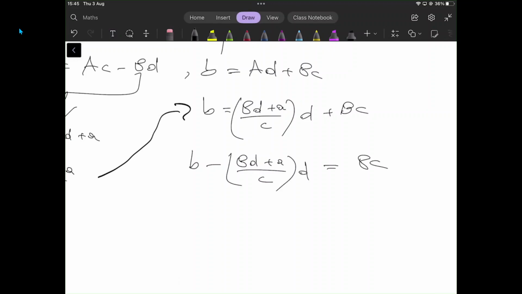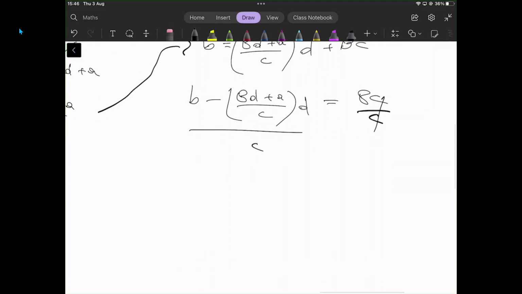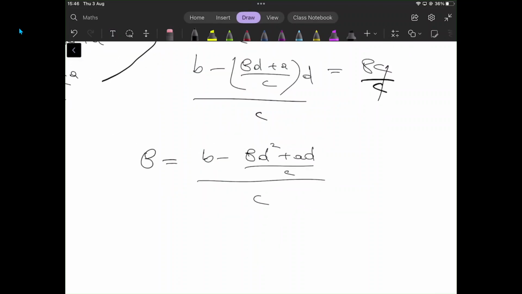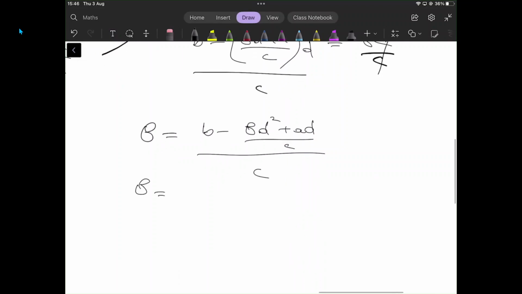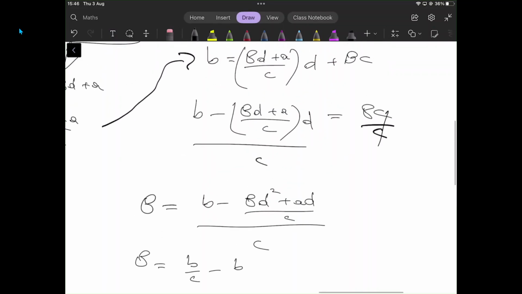And if I divide both sides by c, I can isolate the capital B on its own. So that capital B is equal to b minus BD, let's say BD squared plus ad over c, and this all over c. And then I can split the fraction up, of course. Capital B is equal to lowercase b over c minus, wait a minute.